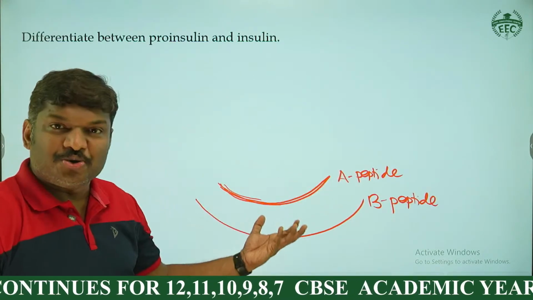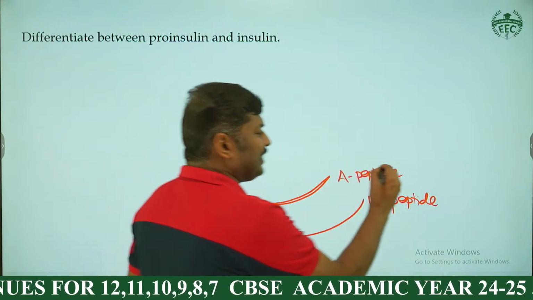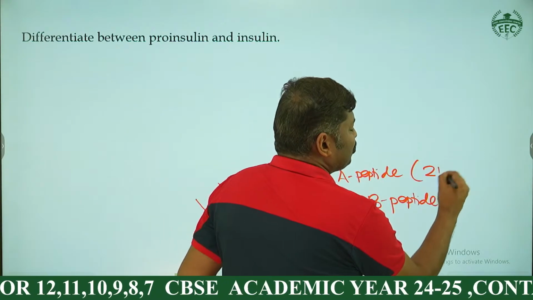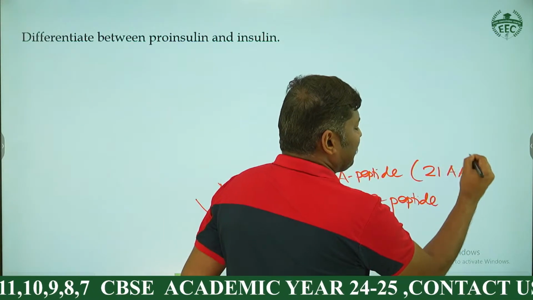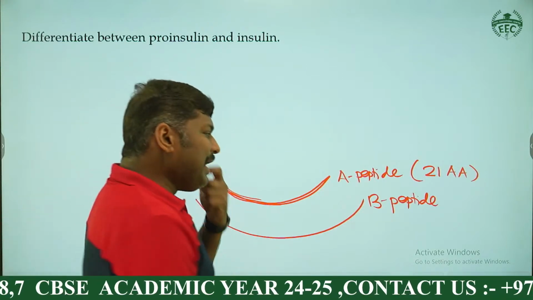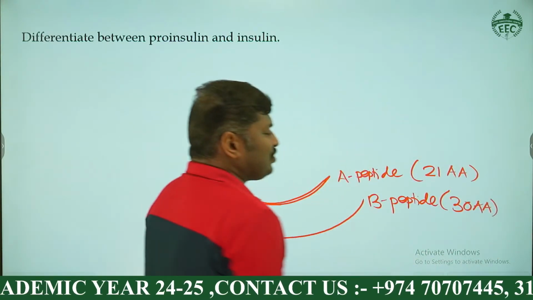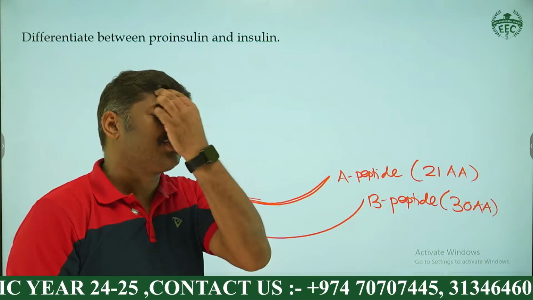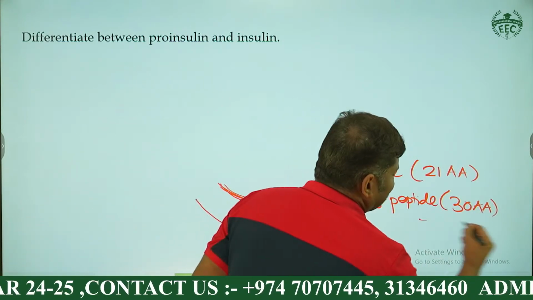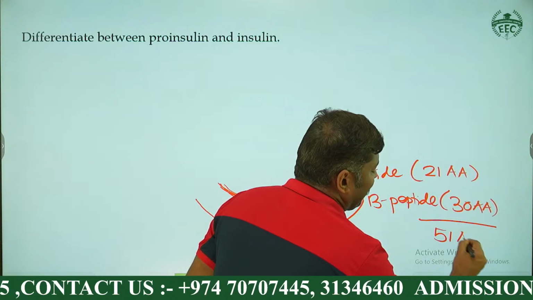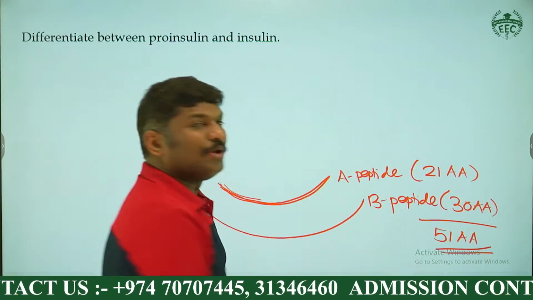In your textbook two chains are given, but at the same time you have to study that the A peptide has 21 amino acids, not given in the textbook, and the B peptide has 30 amino acids, my dear student. So 21 amino acids and 30 amino acids, how many amino acids are there in insulin in total? There are 51 amino acids in insulin.